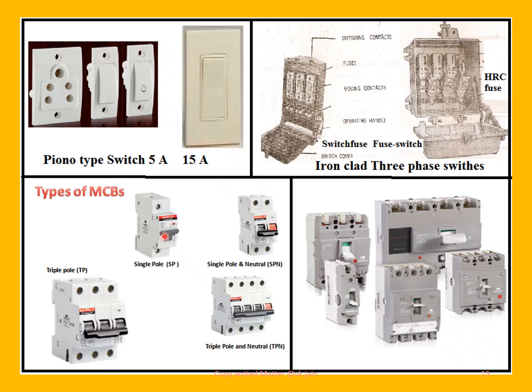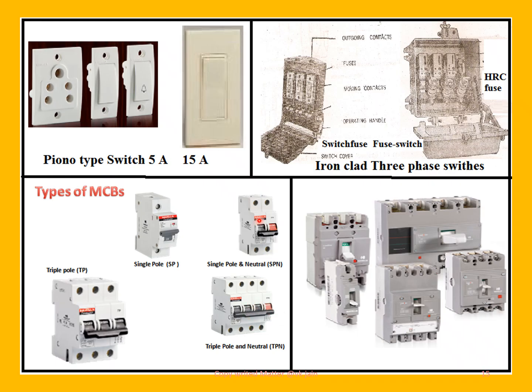So now the MCB can be single phase, MCB may be three phase, or it may be a combined single pole and neutral, SPN type of MCB, and it could be triple pole and neutral, combined triple pole and neutral type switch.